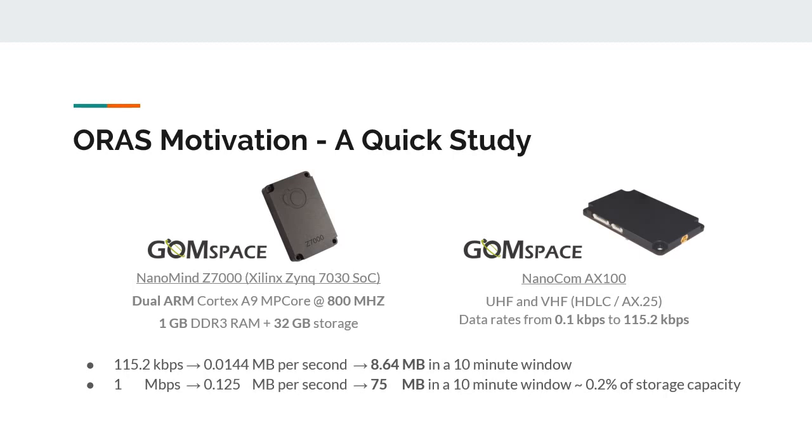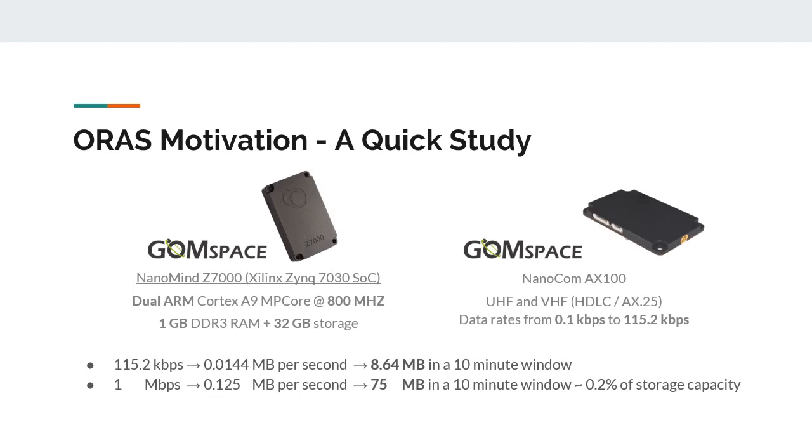If we make a very quick calculation, such as the one we show below, with this type of data rate in an average 10-minute window of communication, or a pass of a satellite over a given ground station, we can see that only a few megabytes can be downloaded.